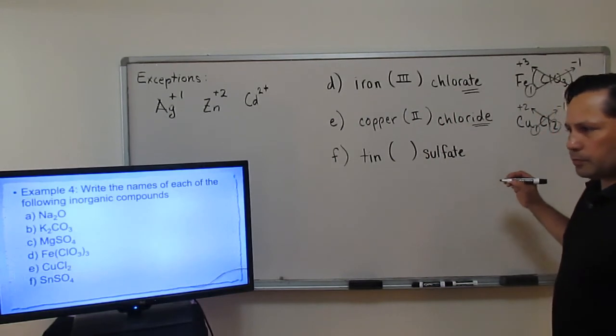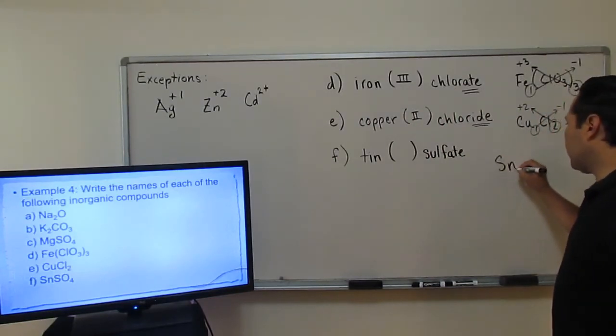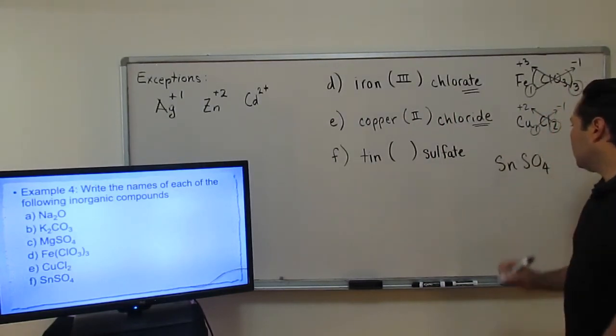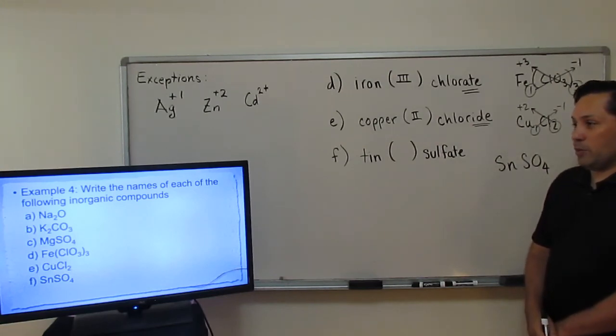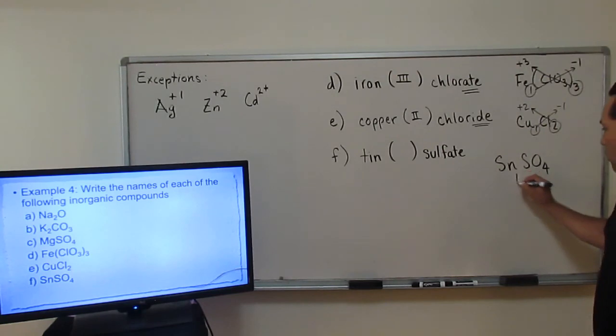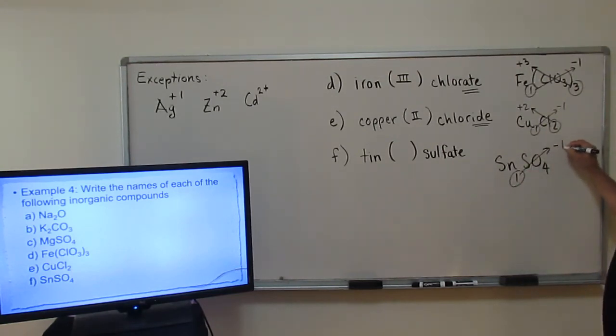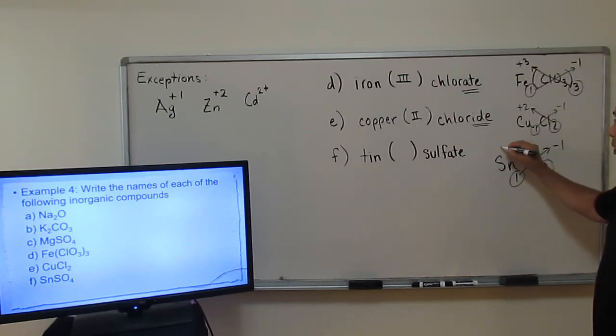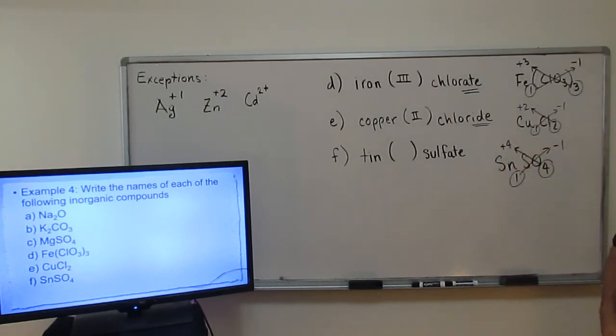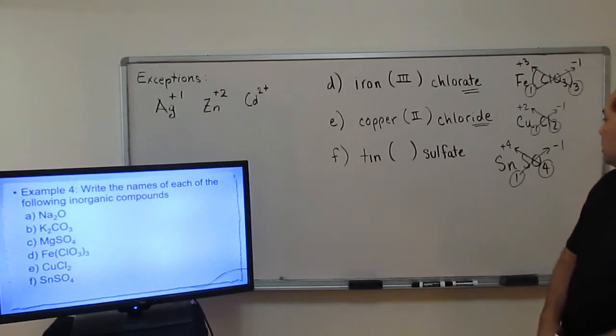And to figure out the Roman numeral, this is a trick question. Let me show you guys what a lot of my students would do wrong. They would say, well, I know there's a 1 right there. So that goes up there, and that's a -1. Goes up there, that's a +4. And that is wrong.